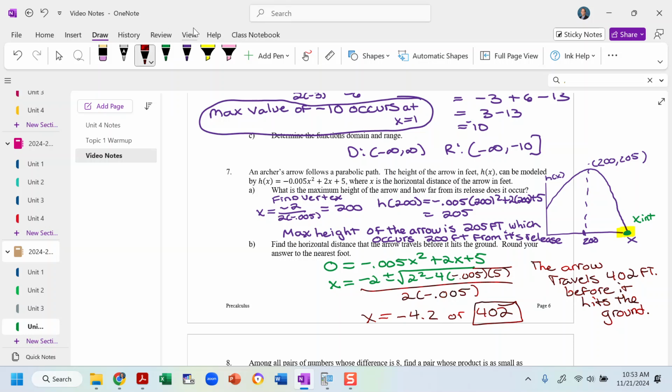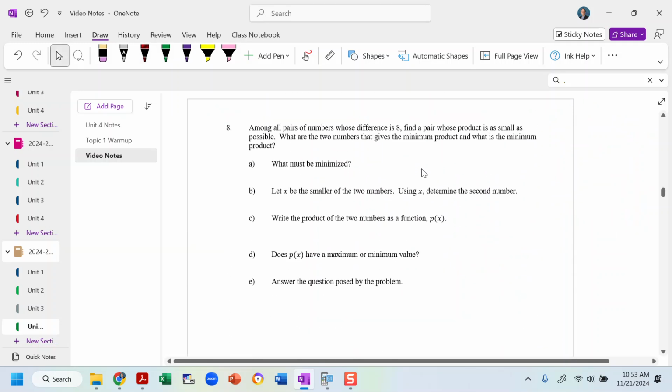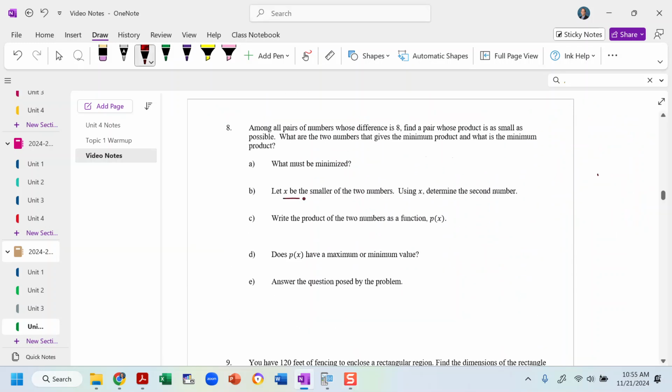All right, the next question says, among all pairs of numbers, so if x is the smaller of the two numbers, then y minus x equals 8. So then y is going to equal x plus 8. So x plus 8 is equal to the bigger number.